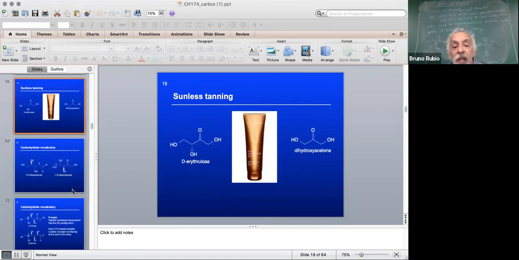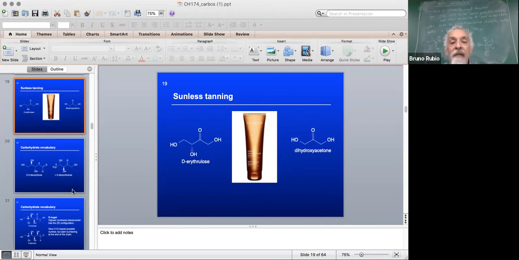Where do we find D-erythrulose? Well, it's not really important in food, but it is important for sunless tanning. D-erythrulose and dihydroxyacetone are both found in sunless tanning preparations.